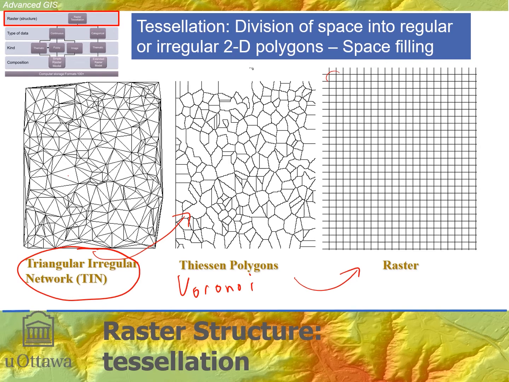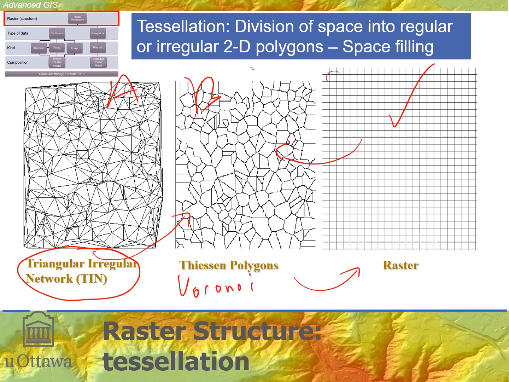And the third one here, with the regular division, is much easier for computing to handle. So we have to use special algorithms to deal with cases A and B, which are time consuming and computationally burdensome.